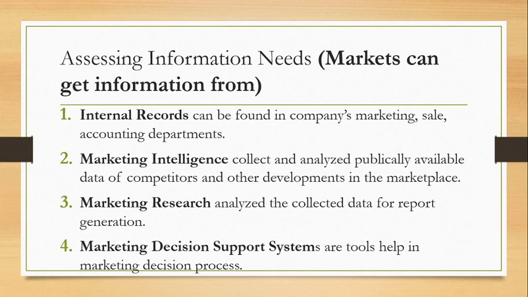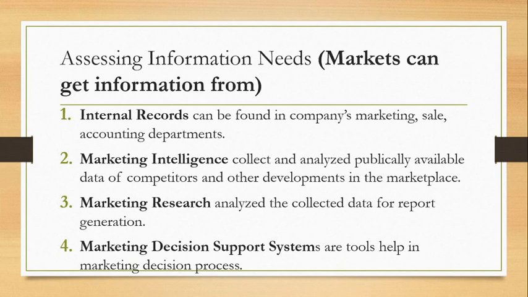All these information sources are interconnected and they work in connection. Okay, so this one is very important. Marketing decision support system is also very important. These are the tools that help the organization in their decision making activity.